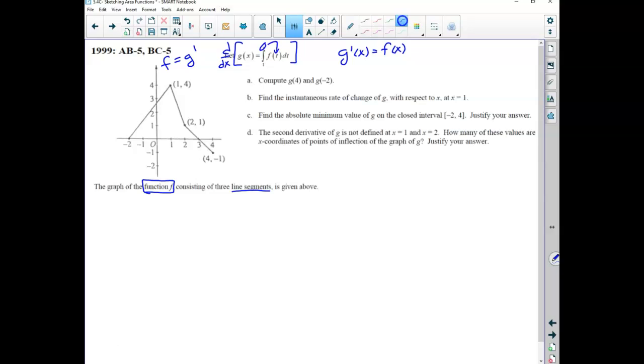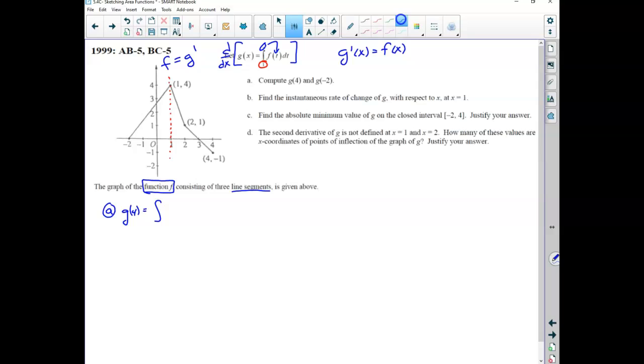So they want us to compute G of 4 and G of negative 2. Well, if they want me to compute an integral, I probably better find my area accumulation line in here. There it is. So my area accumulator starts at 0. So part A is going to equal G of 4. Well, what's that going to be?